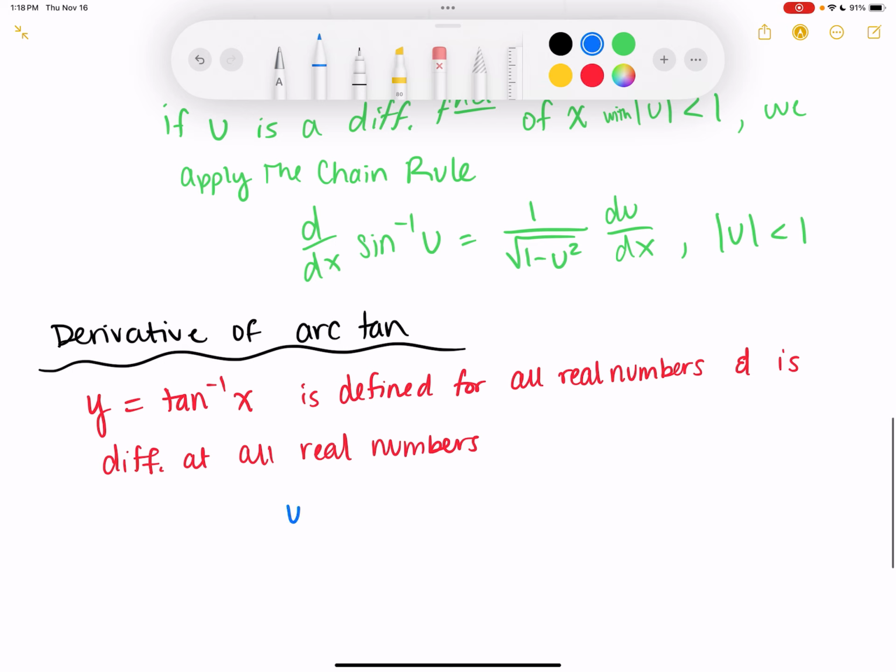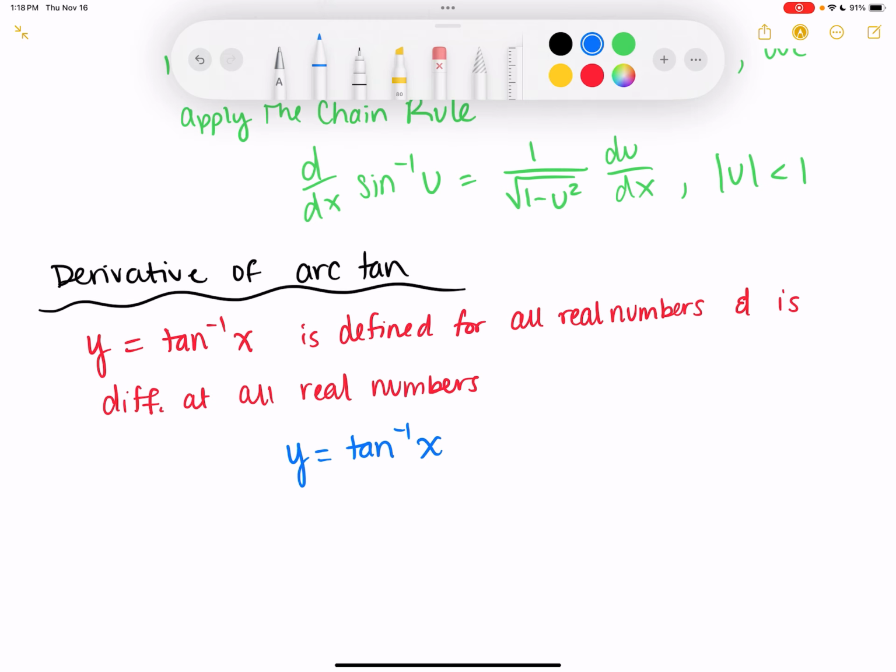So we're going to start with y is equal to the inverse tangent of x. The inverse relationship of this is going to be that x is equal to the tangent of y. Actually, I'm going to write it the other way: tangent of y is equal to x.